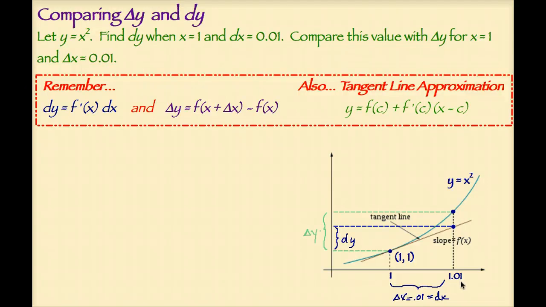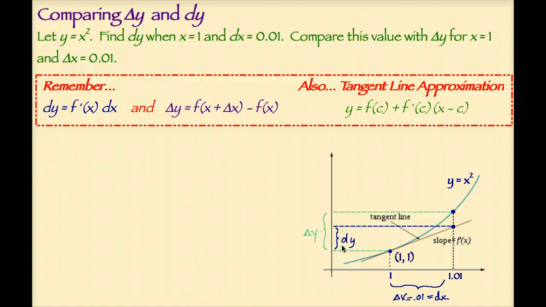Now let's determine the difference between what delta y is and dy is. Delta y is the actual function value change from (1, 1) to this ordered pair (1.01, whatever this function value is). It's just the difference in function values on this particular curve.